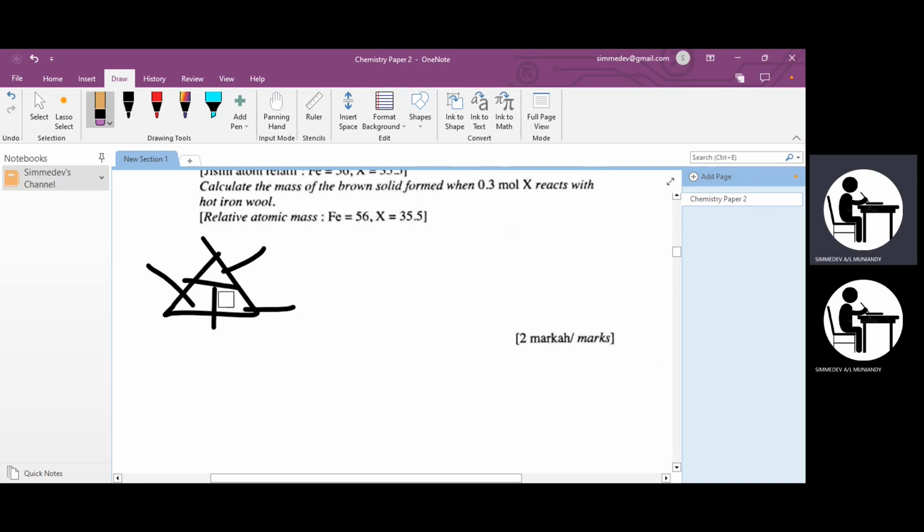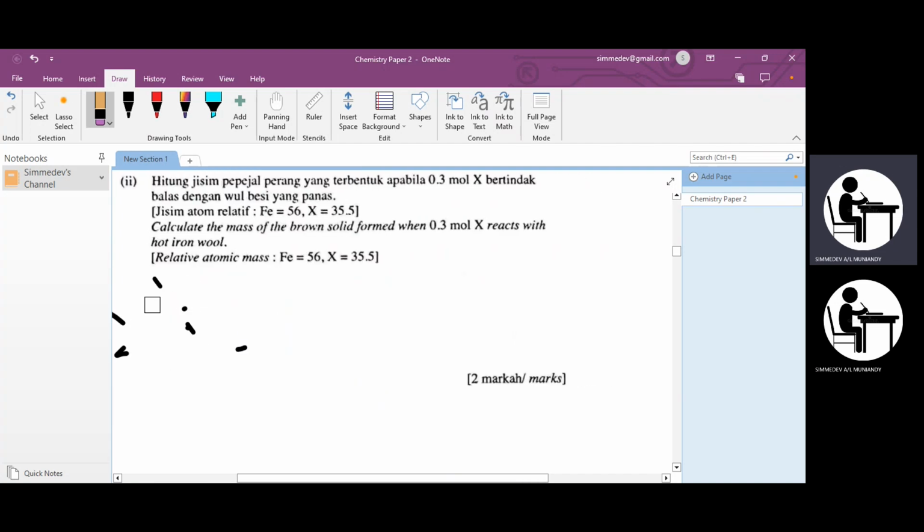If the top is number of particles, either side contains number of mole and the Avogadro constant. If it is mass, then this part will be number of mole, and this will be molar mass. If it is volume, this part will be number of mole, and this will be molar volume. All of these molar mass and molar volume values will be provided in the question.